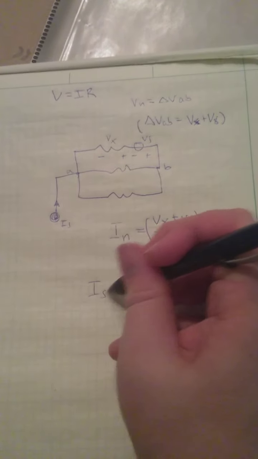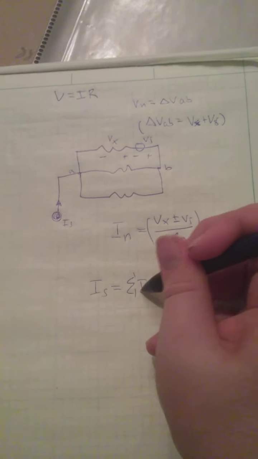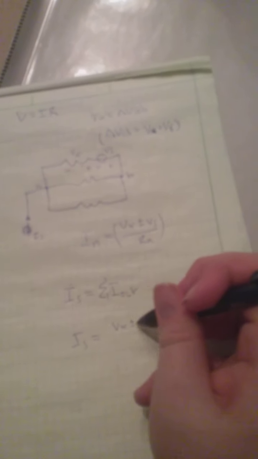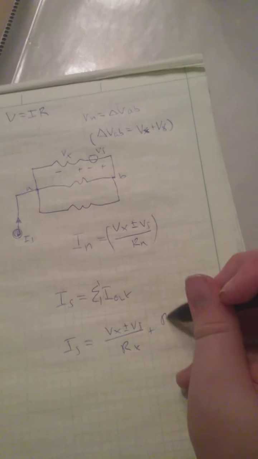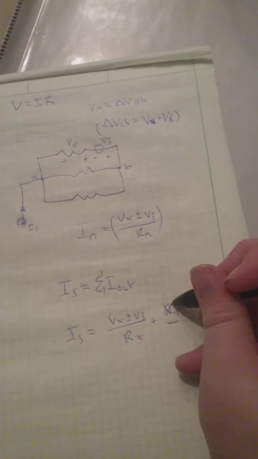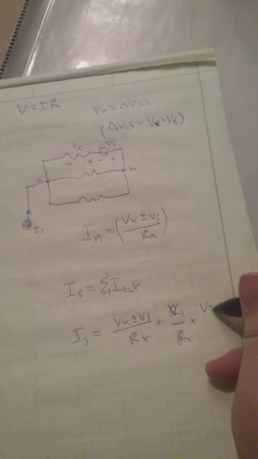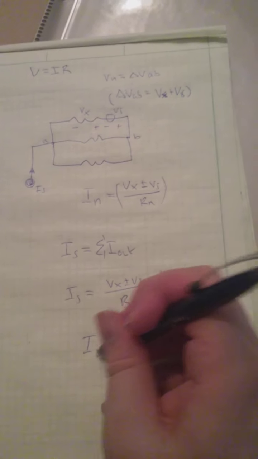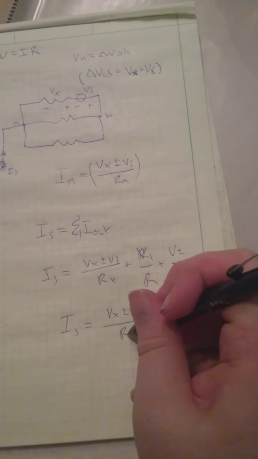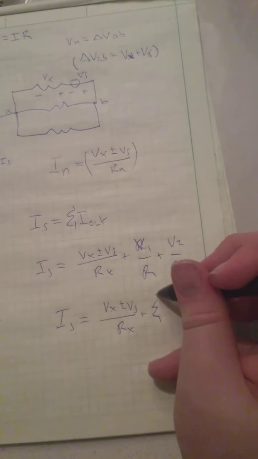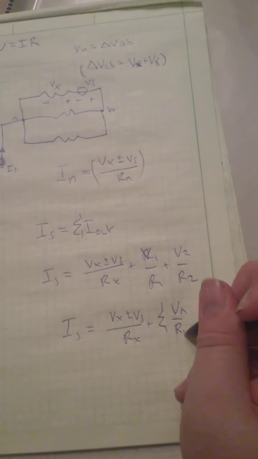Okay, so we say Is is equal to sum of the I out, going out of the point A. So Is is equal to Vx plus or minus Vs divided by Rx, plus V1 over R1 plus V2 over R2. Right. So what this is, Is equal to Vx plus or minus Vs divided by Rx plus the sum of the Vn over Rn.